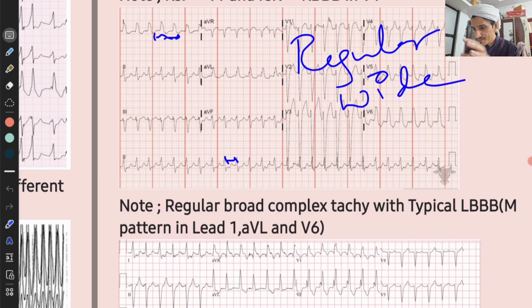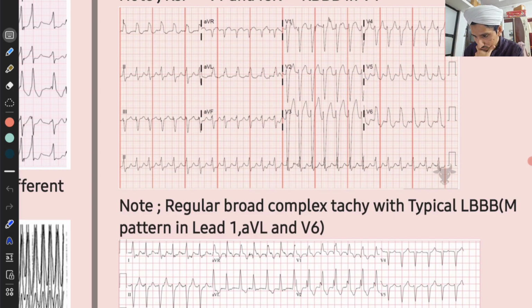In lead 2 you are seeing the T wave. This is the QRS complex and T wave, QRS complex and T wave. It is a wide complex.